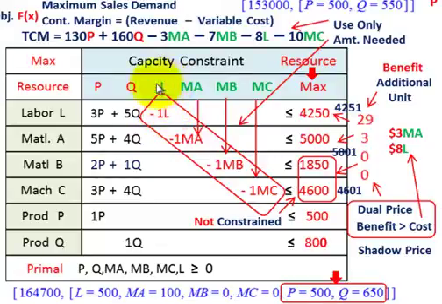I'm showing the letters P, Q, that's coming off our other program, off our resource, our bill of materials, really, the requirements for those bills of materials. And then for these other ones, all we're going to do for our labor is put in a minus 1L, material A, a minus 1A, and minus 1B for material B, and then machining cost minus 1 here. And then put in that resource, the maximum resource that's available that we come up with off our equation here.